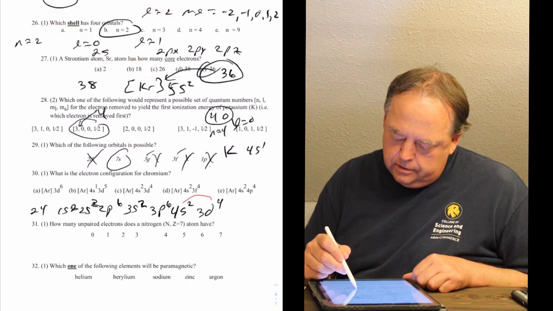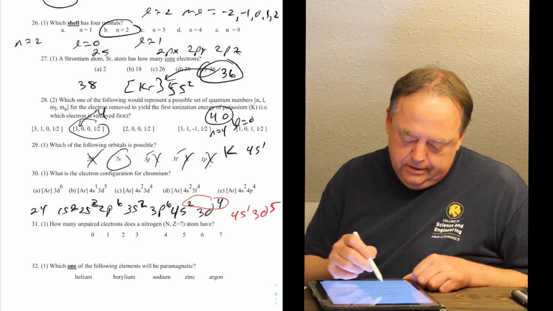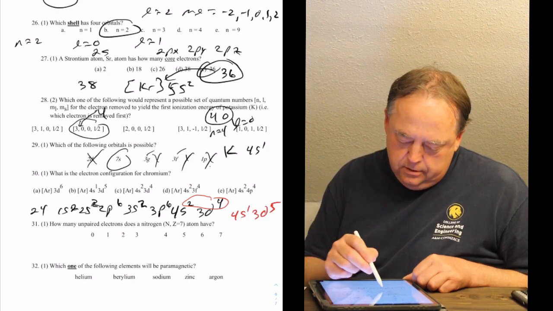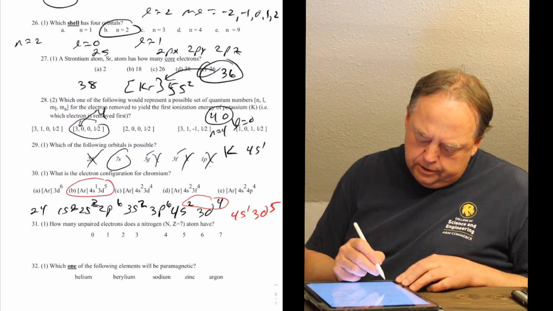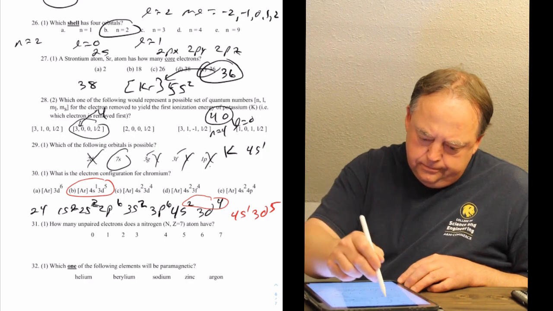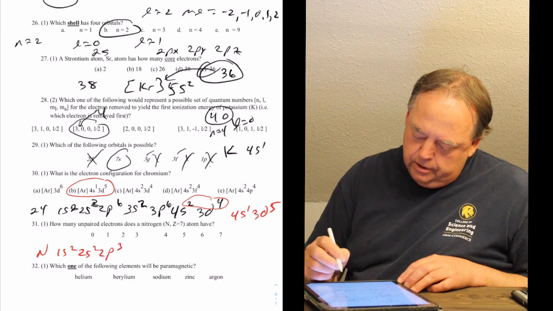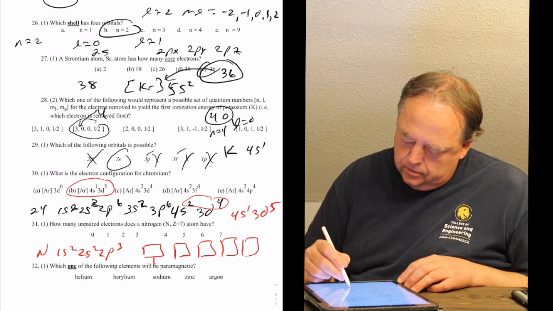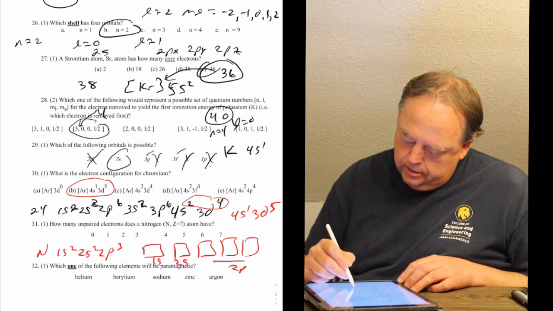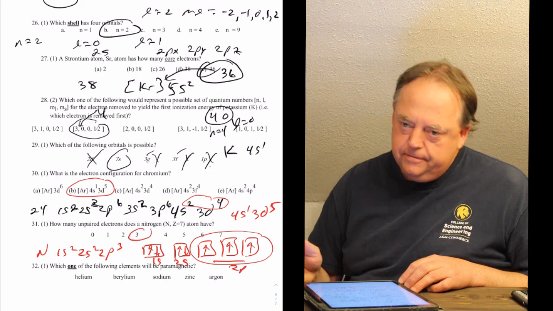If you remember, chromium is one of those exceptions, so its outer shell is 4s1, 3d5. So that would have been the correct answer. Okay, so nitrogen is 1s2, 2s2, 2p3. If we write it like this, 1s, 2s, 2p, then you can see it's got 3 unpaired electrons.